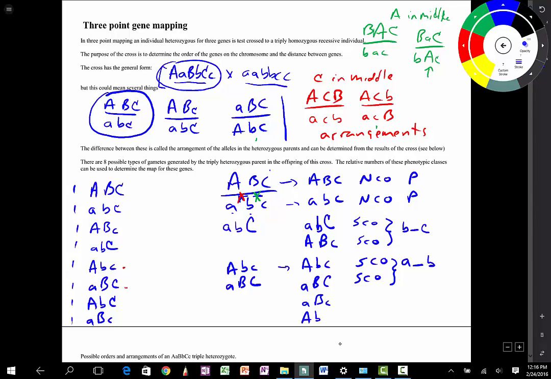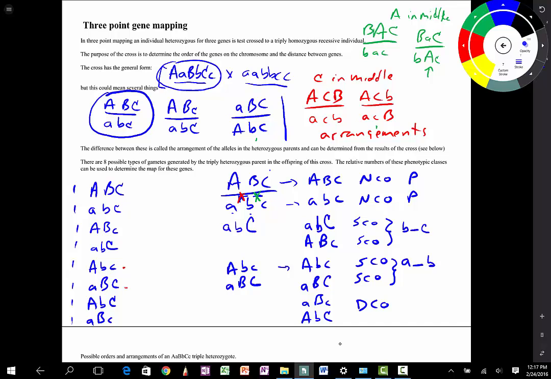Or big A, little b, big C. And so if you look at these and you compare these double crossovers, so these are double crossovers. So there's a crossover between A and B and a crossover between B and C. It looks like the big B and the little b switch sides. The stuff in the middle flips.